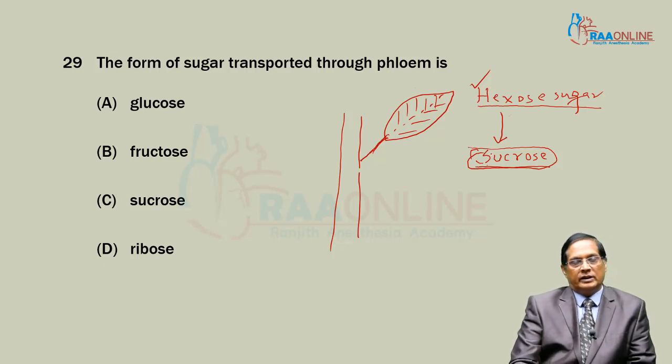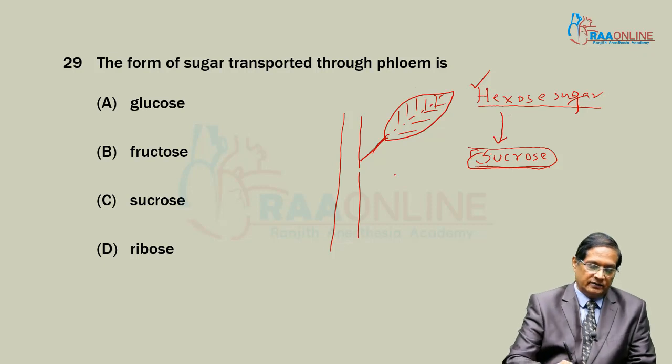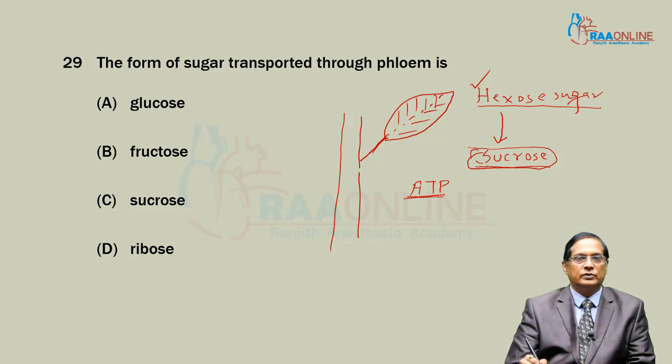Then sucrose is loaded in the phloem. Loading of phloem requires energy, that is, ATPs are required for the loading of phloem.